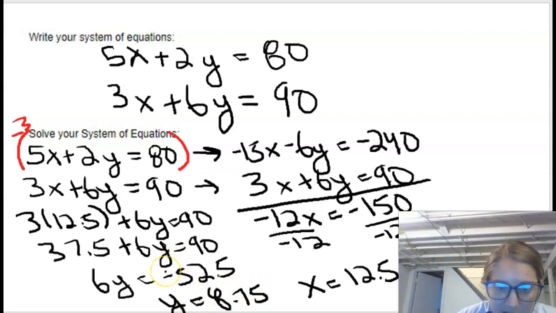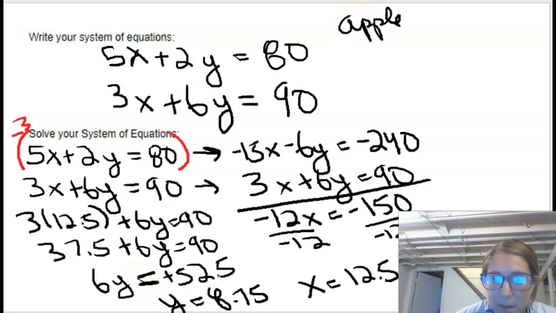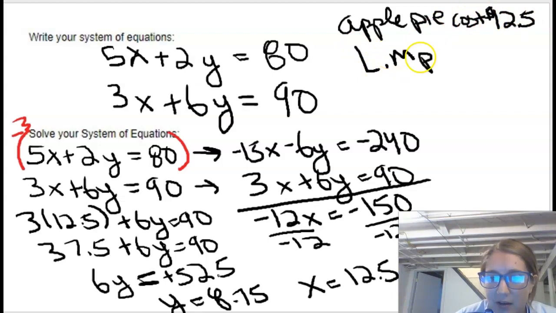Sorry, that should be a positive. So apple cost, it wants to know the cost of each, 12.5, lemon meringue pie.